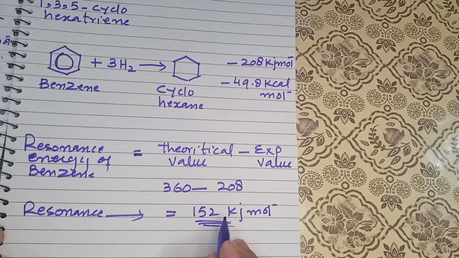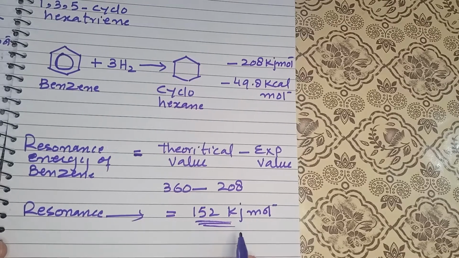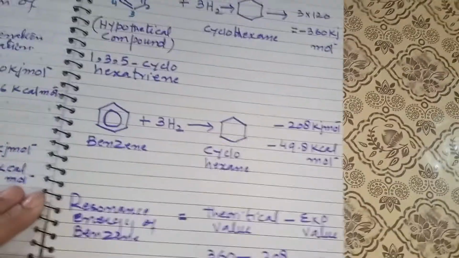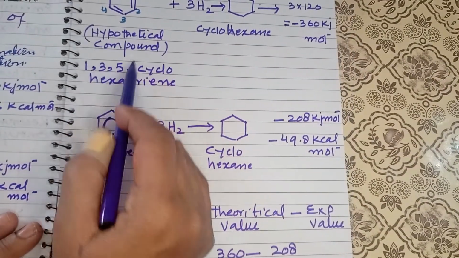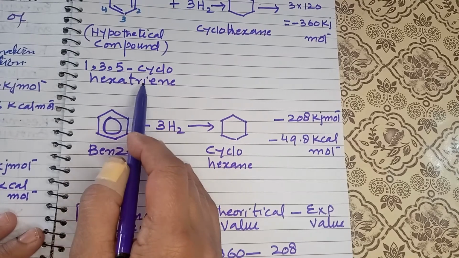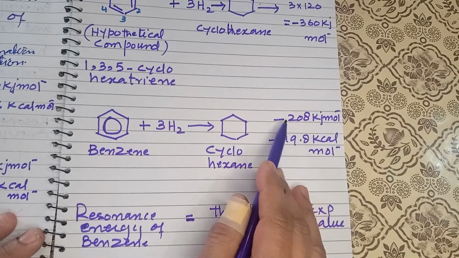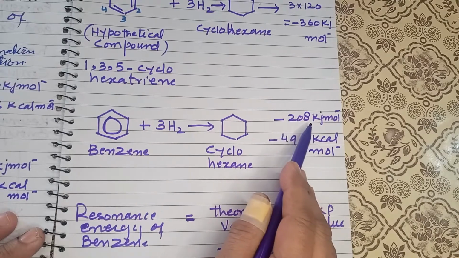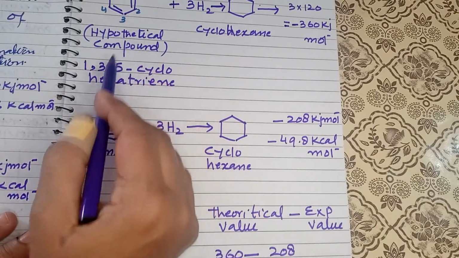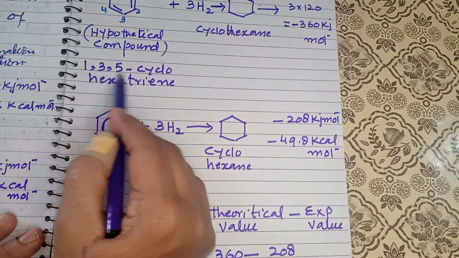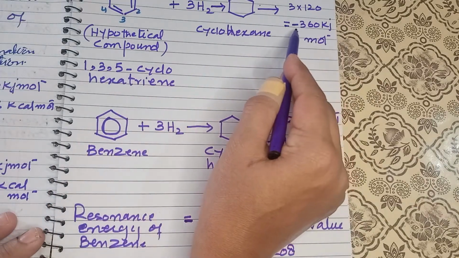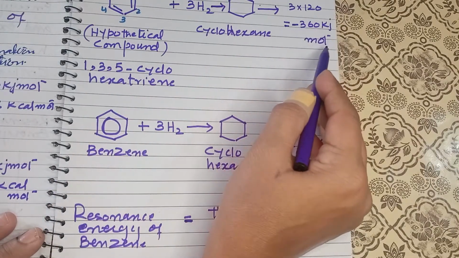Here we can notice, students, the heat of hydrogenation of benzene is less as compared to the calculated value of the imaginary compound 1,3,5-cyclohexatriene. Heat of hydrogenation of benzene is less, that is minus 208 kilojoule per mole, as compared to the imaginary compound, which has minus 360 kilojoule per mole.